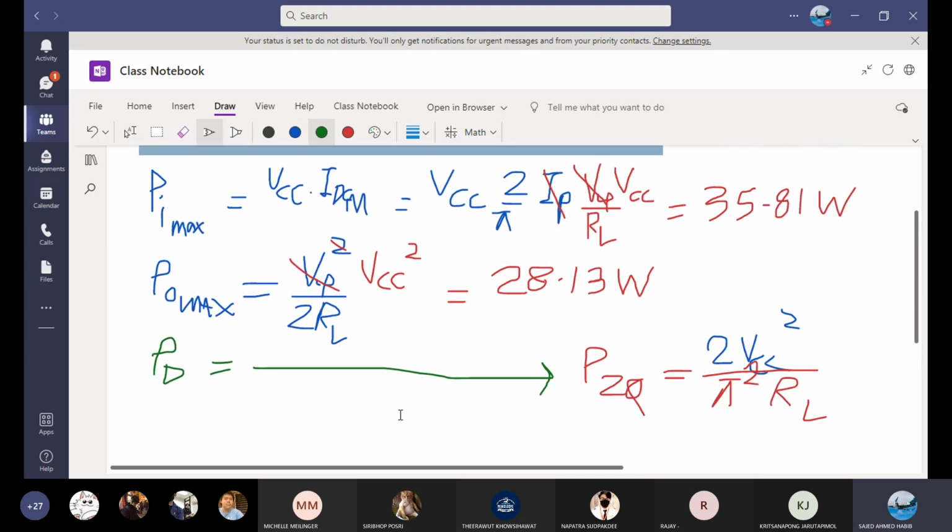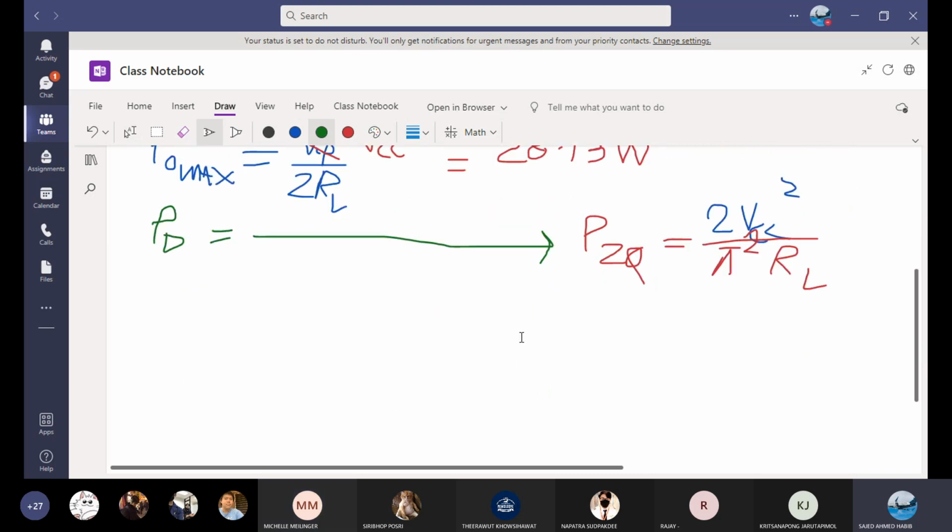Michelle, did you find the answer finally? 5.7. So 1 transistor, for each transistor, it is implied that there is a pair of class B. Only 1 class B is useless.